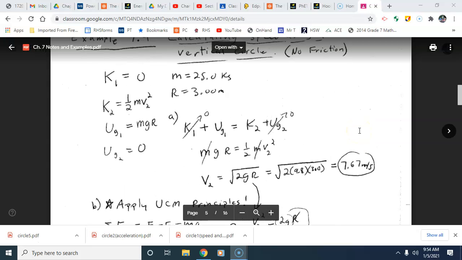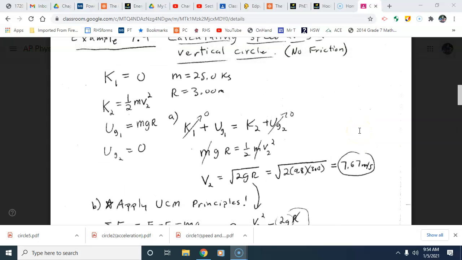Why are we bothering solving for something with no friction when a real situation would definitely have some friction? Well, to figure out how much friction there really was, we often have to figure out theoretically what something would do if there was none first. What would something do without it? That's what this number represented right here. This is how fast we would be at the bottom of that hill if there were no friction.